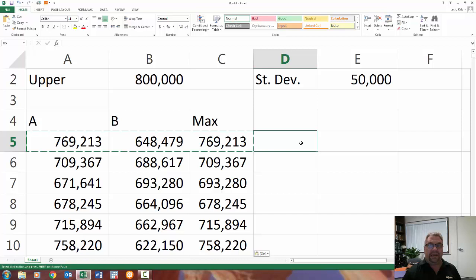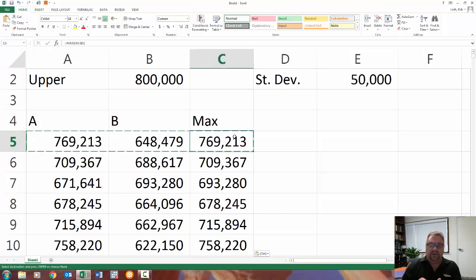Now it says, what is the probability that the building contractor will obtain the bid? So here I want to count all of the maxes that are, now you can do it one of two ways, greater than 750 or less than 750. So I will do less than 750.